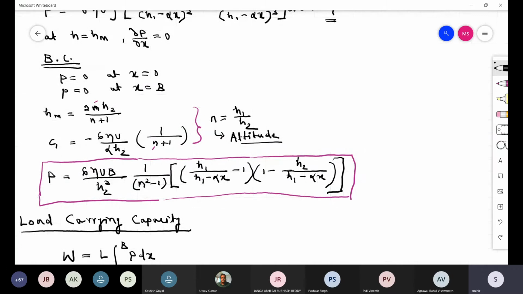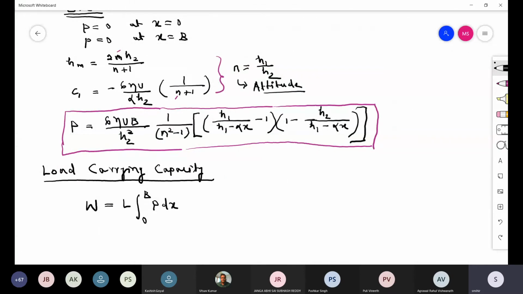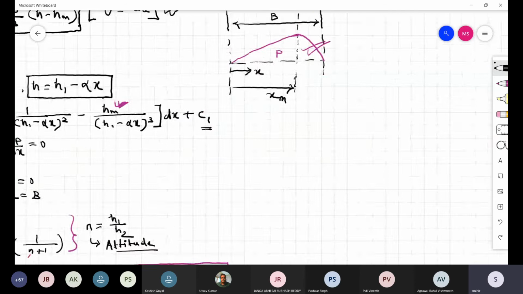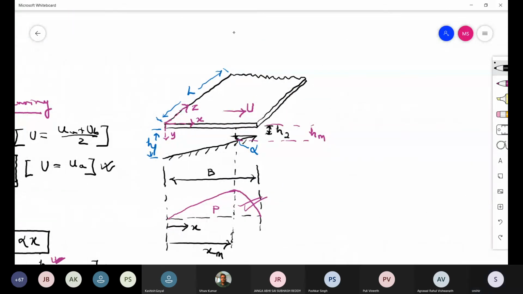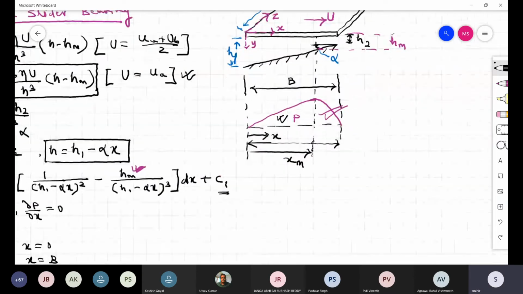As we discussed from the last class, you see the expression L integration 0 to B P dx. That means the pressure is not changing along the Z direction. So this direction we are assuming to be infinite, so it is remaining constant. Therefore we have taken out L, and then you are integrating this pressure over the length or width of the bearing B. So that will give you the load carrying capacity.